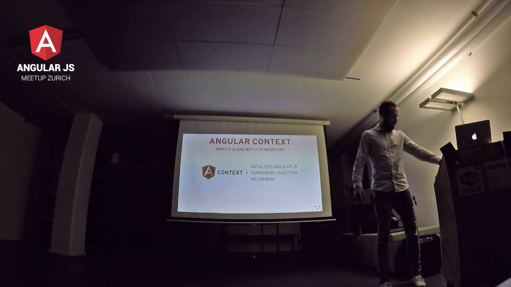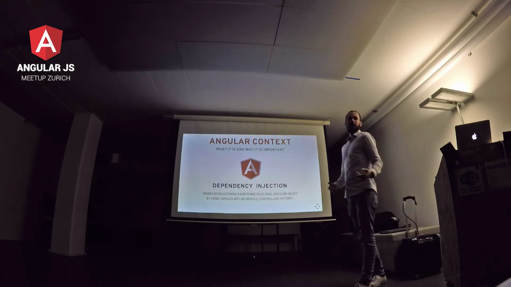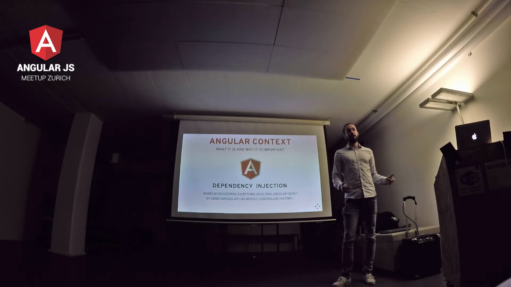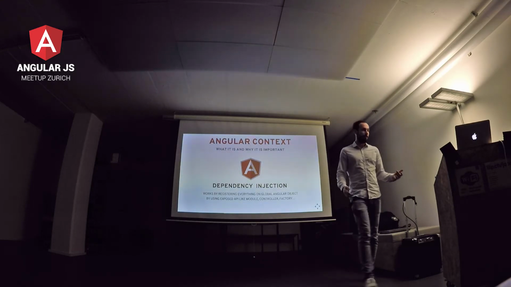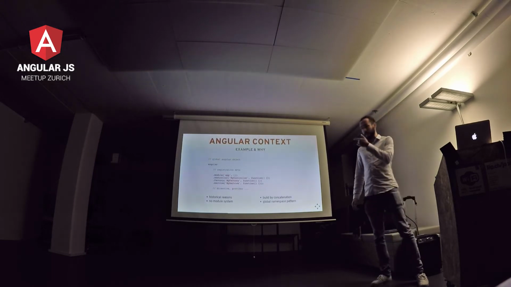You all know it, because the dependency injection mechanism in Angular works by registering all your functionality into Angular global objects. All the files you have ever written, if you are not using modules, started something like this.